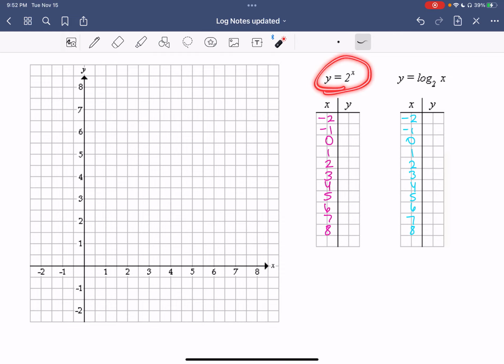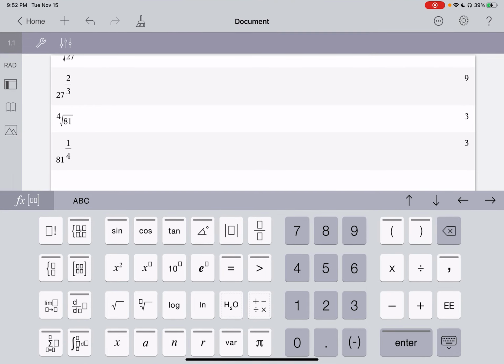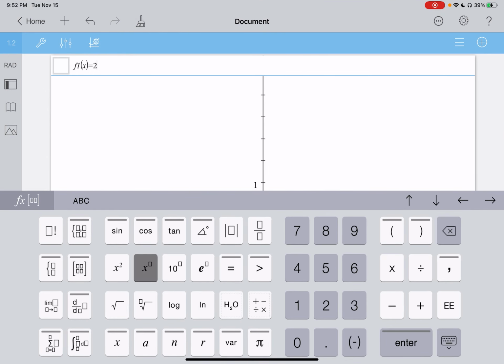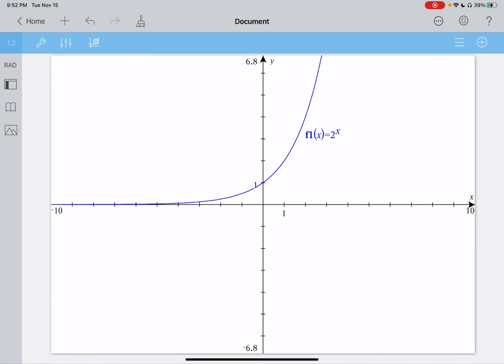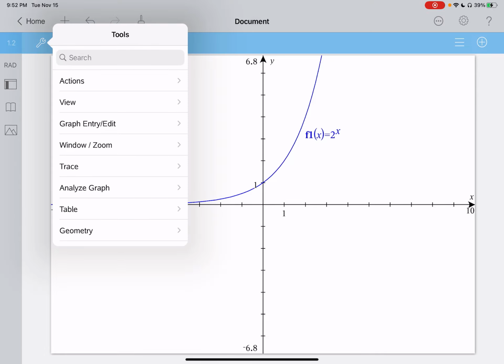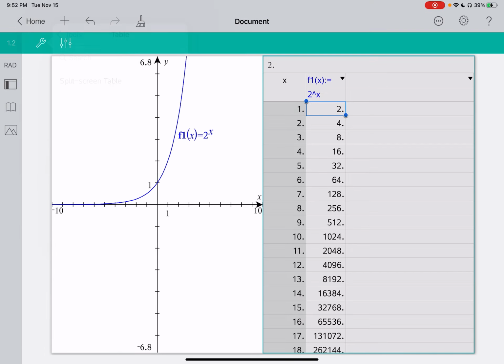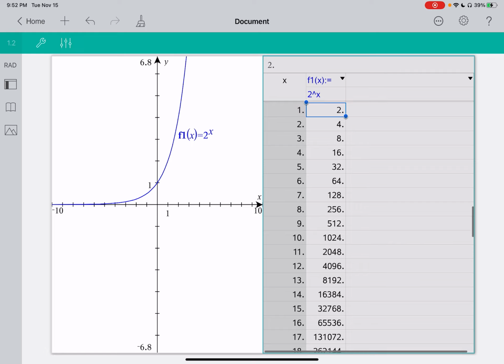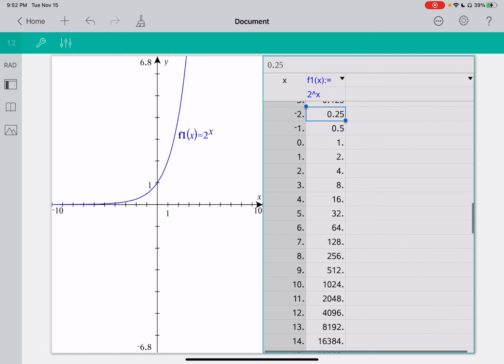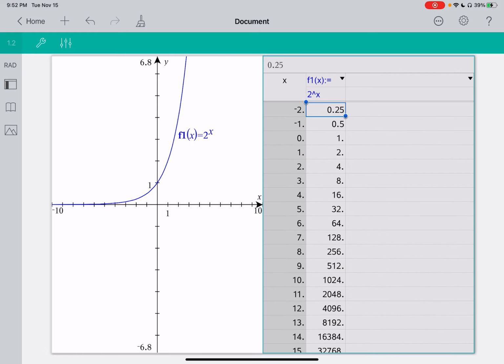So I'm going to start with 2 to the power of x. And this is what the graph looks like. I'm going to pull up the table. And I want to get the x values from -2 to +8. So I'm going to move up a little bit. So you see it's 0.25, 0.5, 1, 2, 4, 8, 16, 32, 64, 128, and 256.